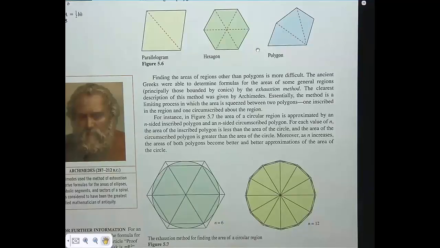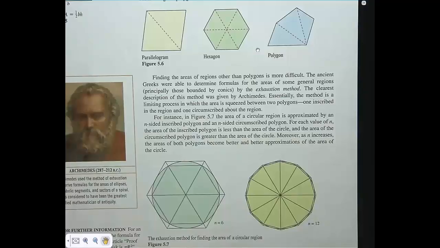And 6 triangles are inscribed, they're inside the circle, and then 6 triangles are circumscribed outside the circle. And Archimedes says, if I just take the sum of the 6 inscribed triangles and the sum of the 6 circumscribed triangles and average those two, then I should be close to the area of that circle.